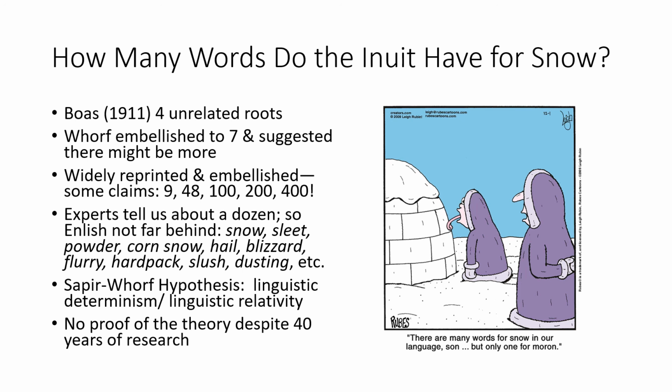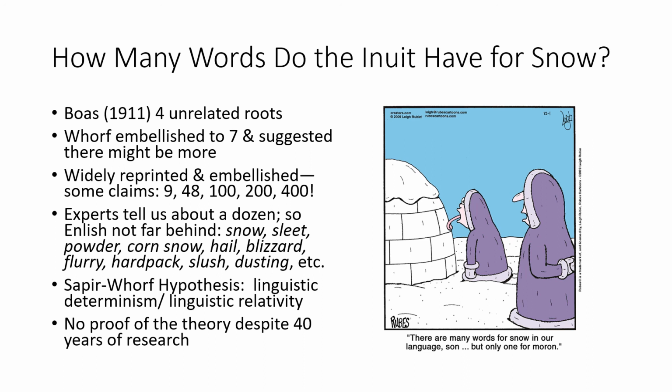Subsequently, people picked up on this and started embellishing it with claims that there were as many as 9, 48, 100, 200, even 400 different words for snow. But in reality, experts tell us that at the limit there are about a dozen.